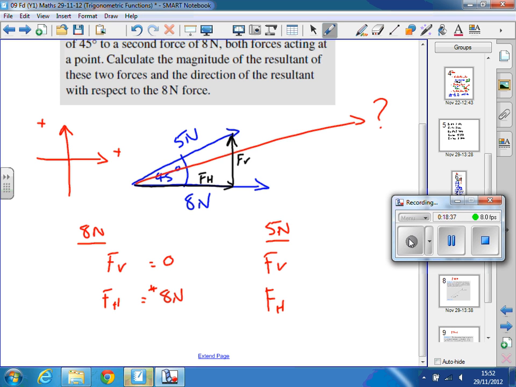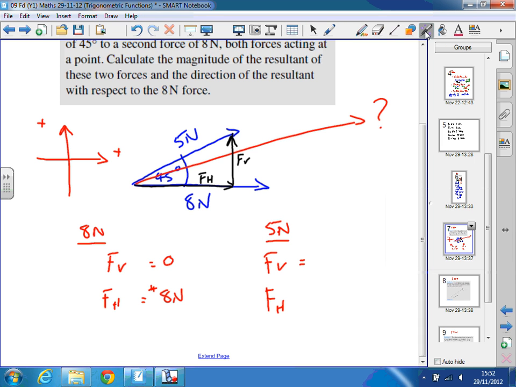Now the 5 Newton force, what's the vertical component of the 5 Newton force? How do I find this side of that triangle? Using sine and cosine and tangent ratios. It is a sine, yeah. Sine is opposite over hypotenuse.